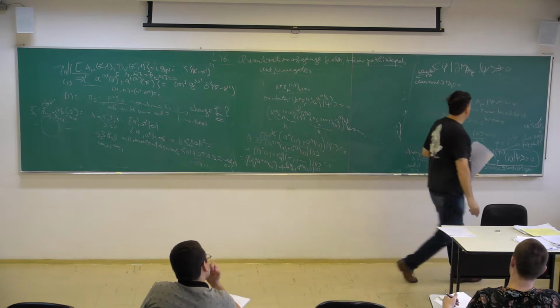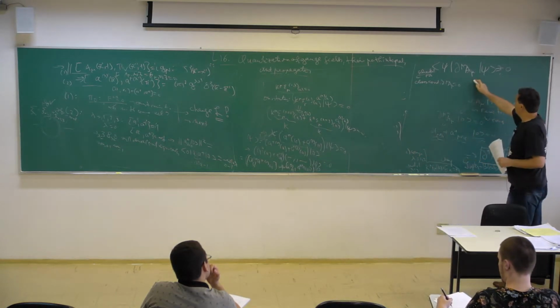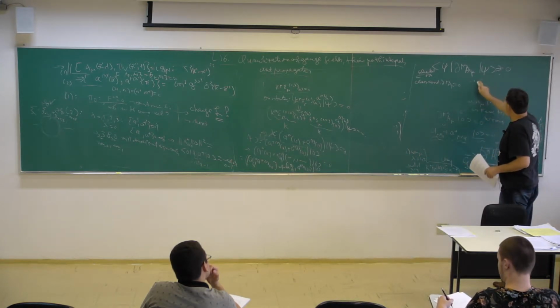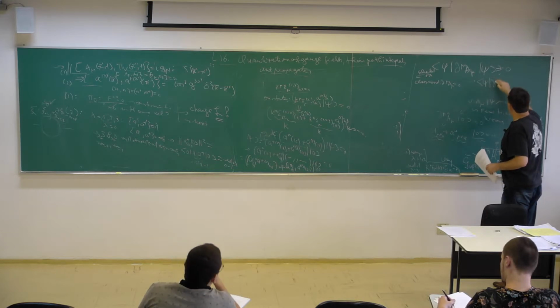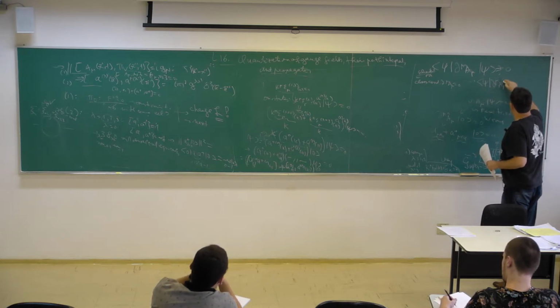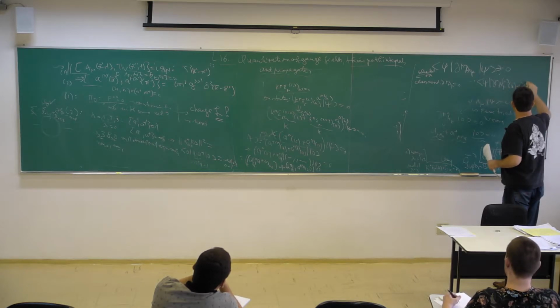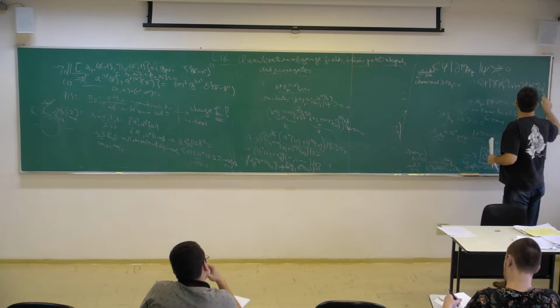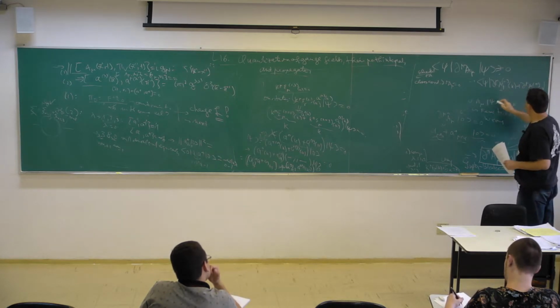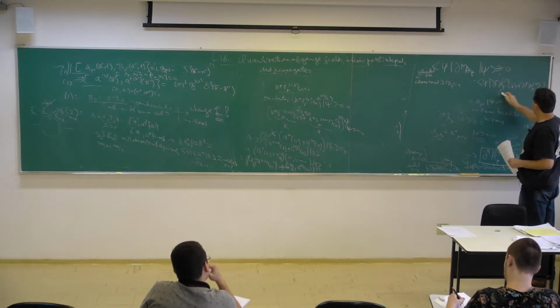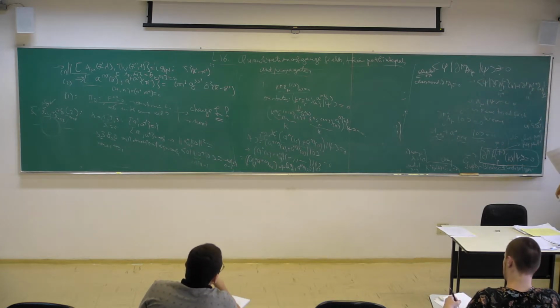And this is 0 because I write this as d mu A mu minus of k plus d mu A mu plus of k on psi, by which I mean the minus has A dagger and the plus has A, right?